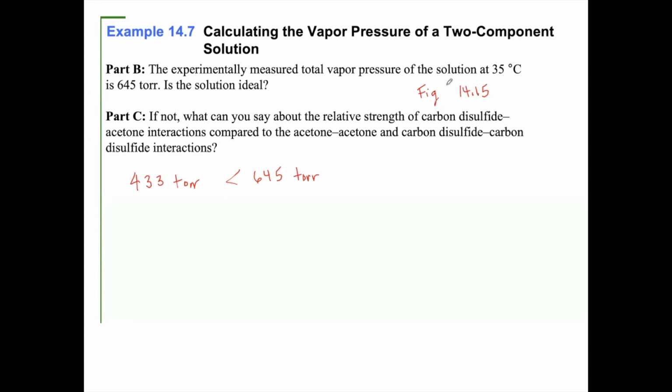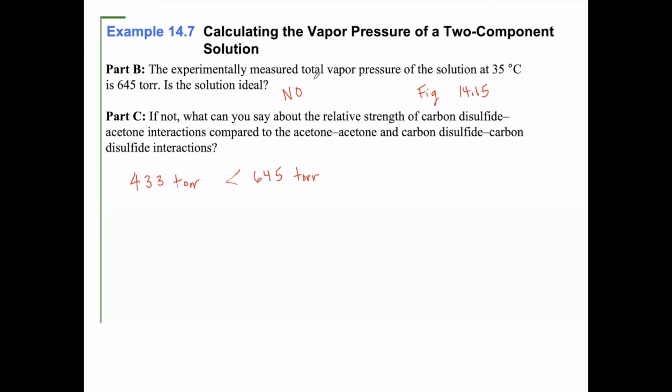So first of all, for part B, this is not an ideal solution because the predicted value is much lower than the actual value. And it's asking, what can you say about the relative strength of the carbon disulfide to acetone interactions compared to acetone and carbon disulfide interactions?